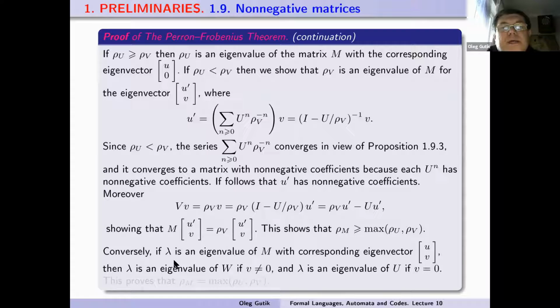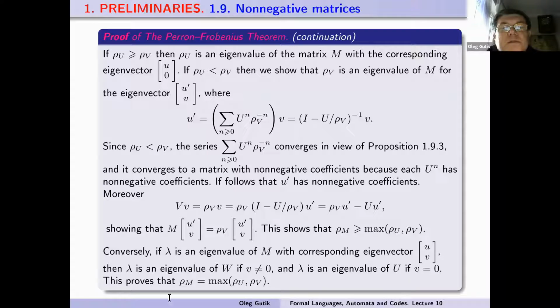Consequently, if lambda is an eigenvalue of the matrix M with a corresponding eigenvector (U, V), then lambda is an eigenvalue of the matrix W if V is not equal to 0, and lambda is an eigenvalue of the matrix U if V is the zero vector.